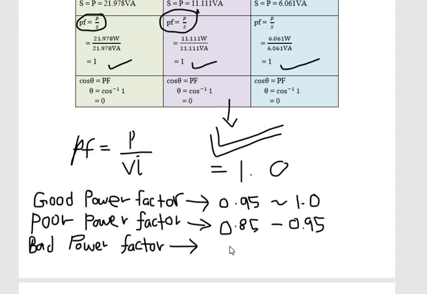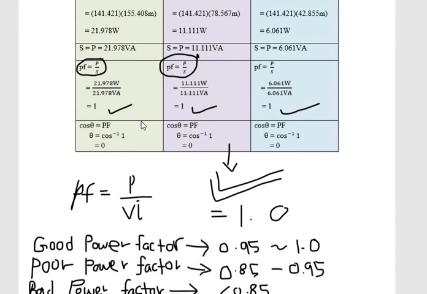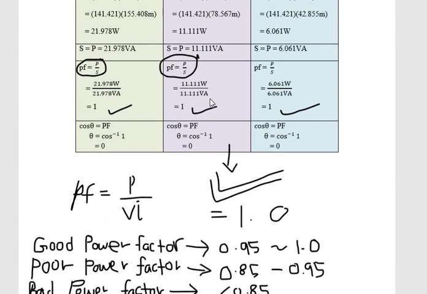And lastly, the bad power factor is ranged less than 0.85. For the resistor circuit, we find out the power factor is equal to 1, which is perfect. But in real life, it is rare that we get the value equal to 1.